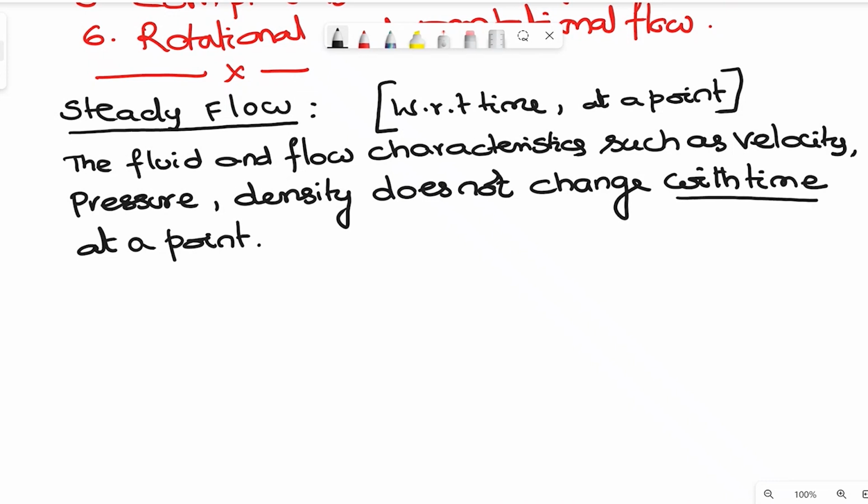With the time at a point. These are the two words.